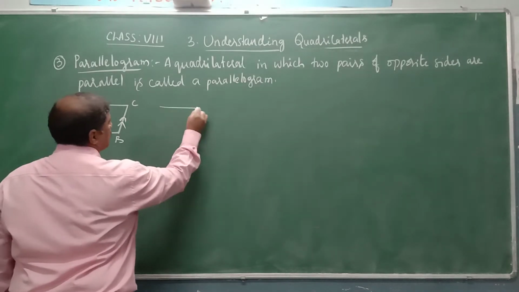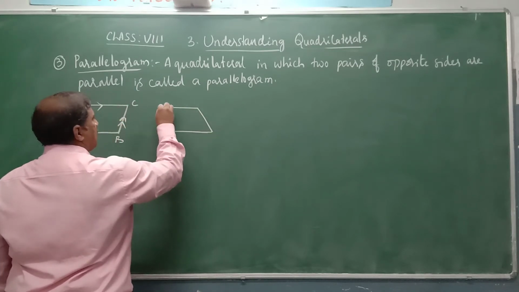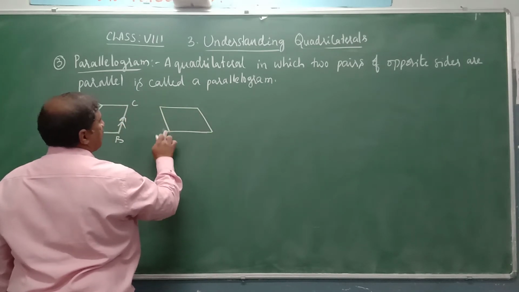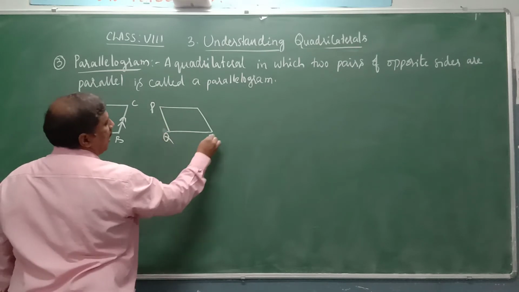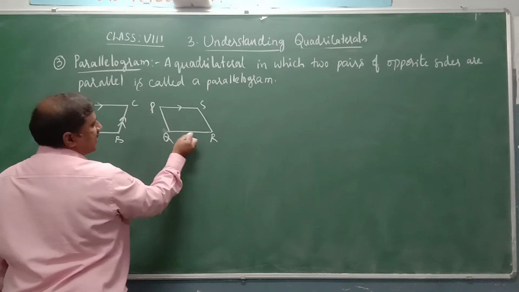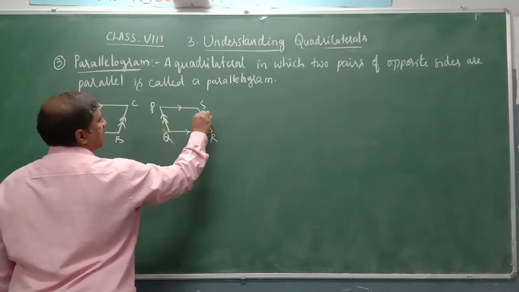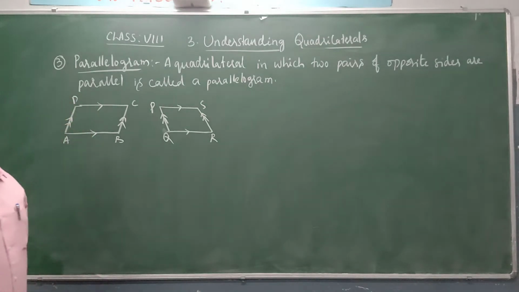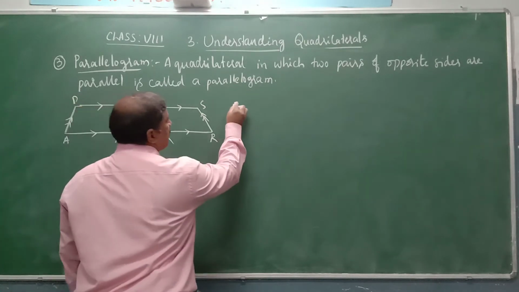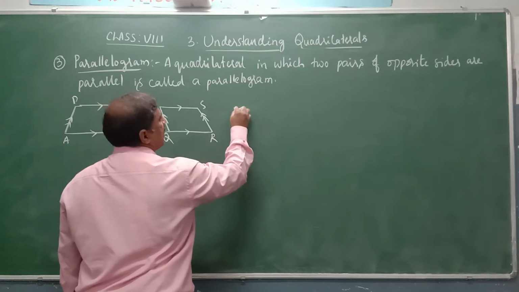So this is also one more parallelogram. P, Q, R, S, in which PQ is parallel to RS and PS is parallel to QR. So one more kind of parallelogram we can also find like this.